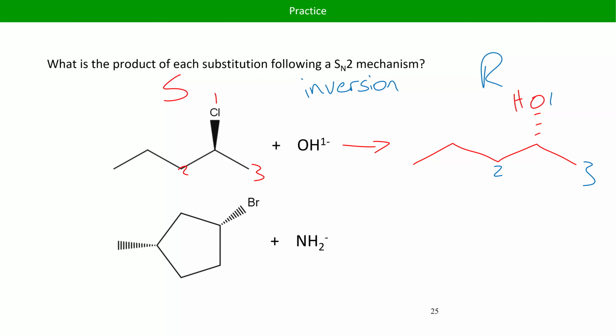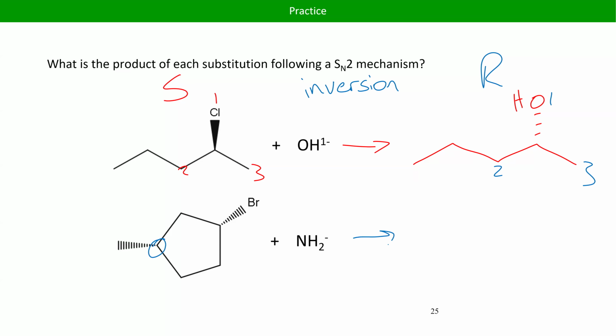All right, so how about down here? That's a stereo center as well, but it's not the active carbon, right? Right, because the active carbon has the leaving group. So that means that this stereo center is not going to change.